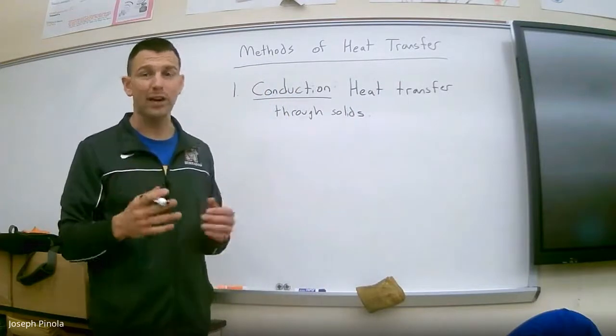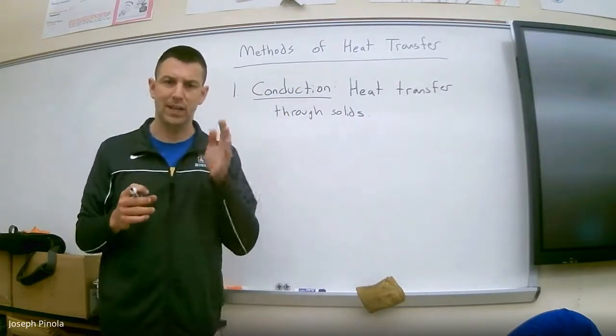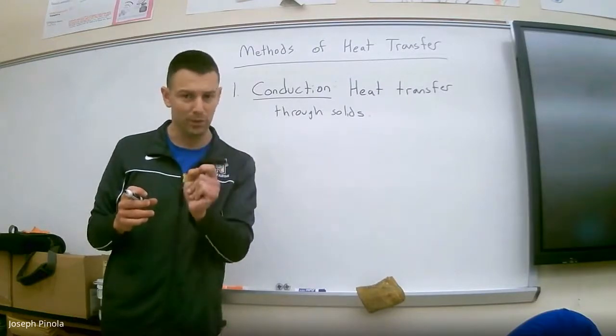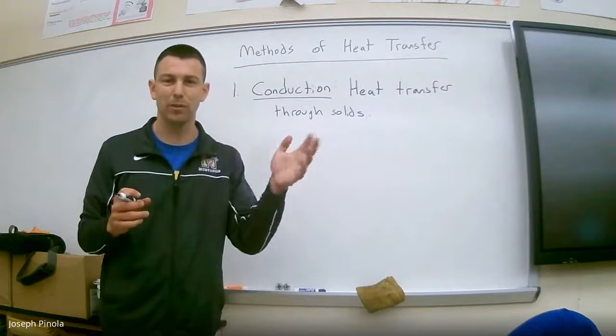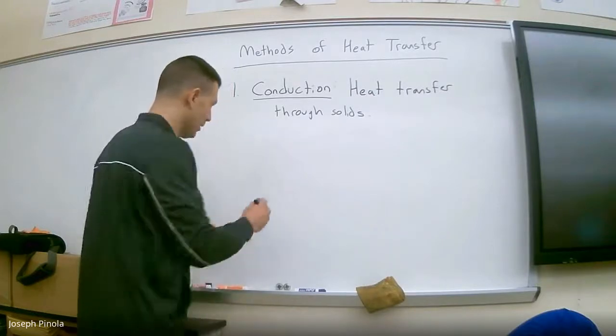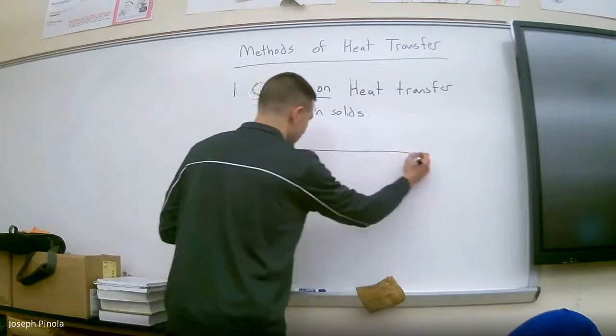Our metal rod was a solid object, and so heat transferred through the metal rod from one part, where the flame was, to the other part, where there was metal that was not in the flame. It works something like this.